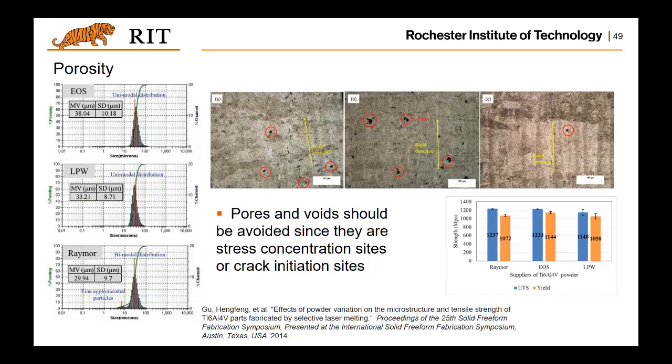So always the pores and the voids are definitely the critical points people want to look at to improve the quality of the prints for the metal printing process.